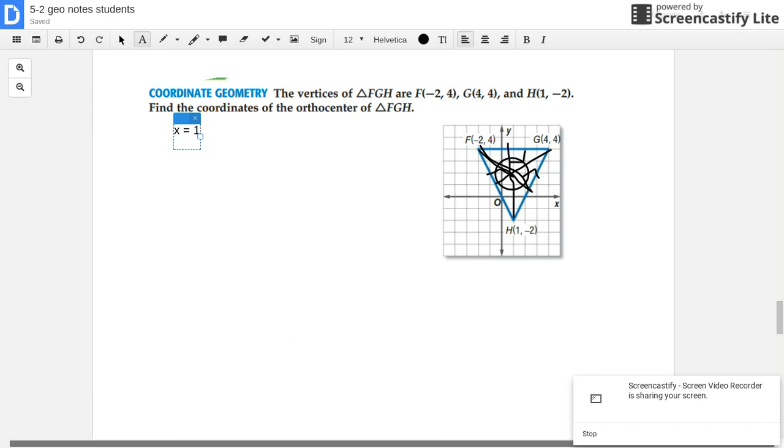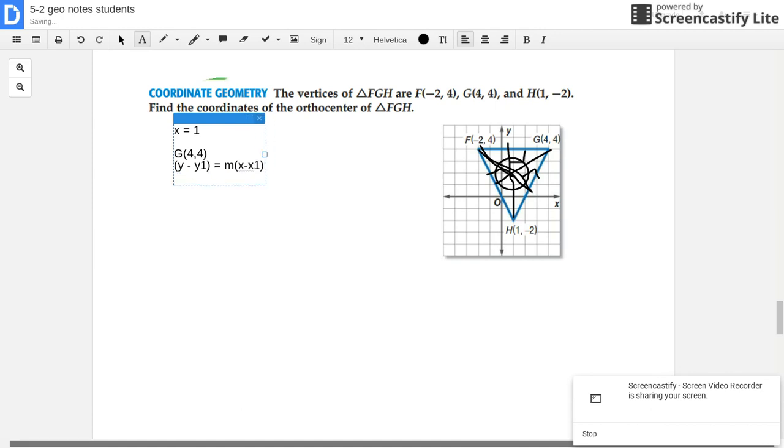To find the other line, however, you have to do a little bit more work. So let's start at G, which is (4, 4). We have to find the equation of the line. To find the equation of a line, you're going to need point-slope form, which is y minus y1 equals m, which is slope, times x minus x1.